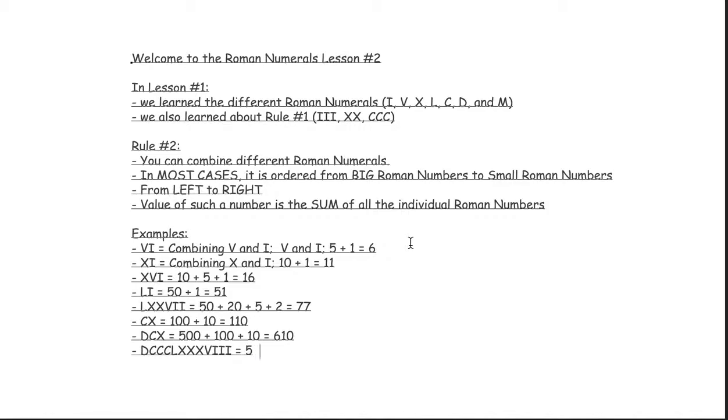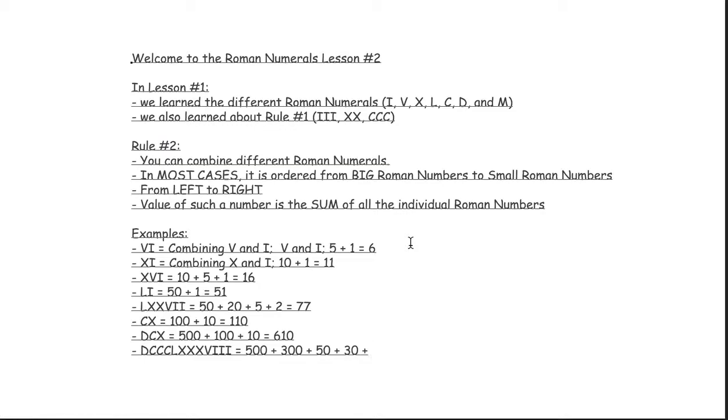D is 500. There are 3 C's. Each C is 100. So I'm going to say 100 times 3. This is what you learned in rule number 1. So that's going to be 300. Plus you have L, which is 50. There is only one L. And then we have 3 X's. Each X is valued at 10. So there are 3 X's, therefore, it's 3 times 10, which would be 30.